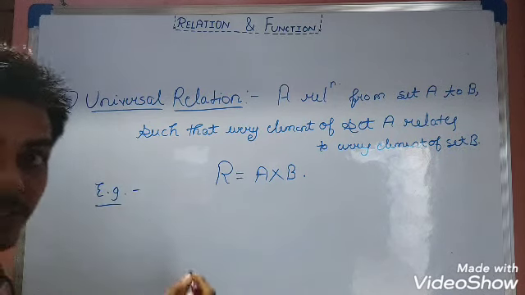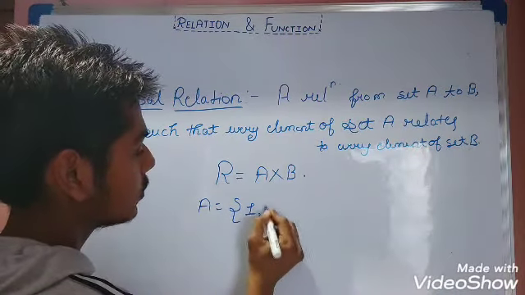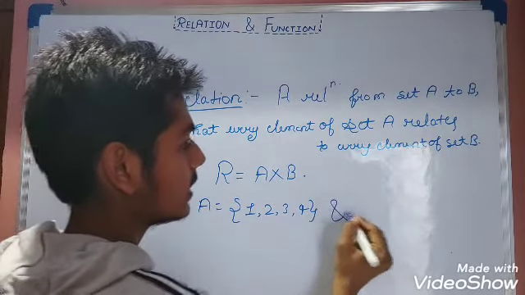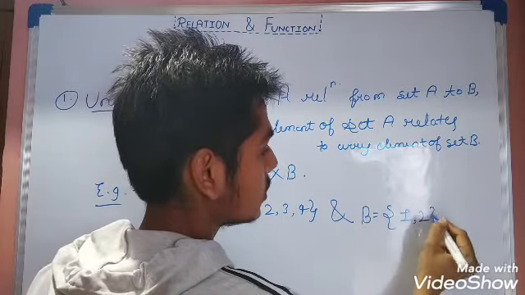Suppose we have two sets. A has 4 elements, 1, 2, 3, 4, and the set B has 2 elements, 1, 2.